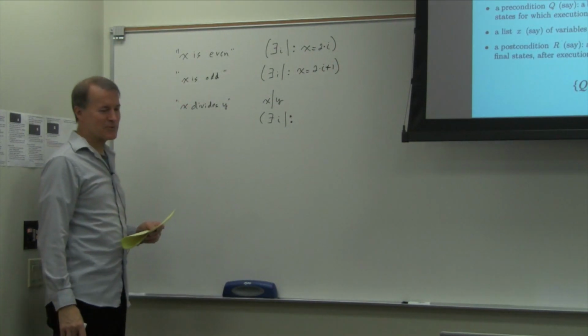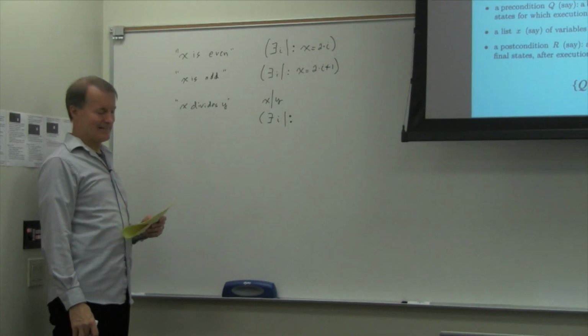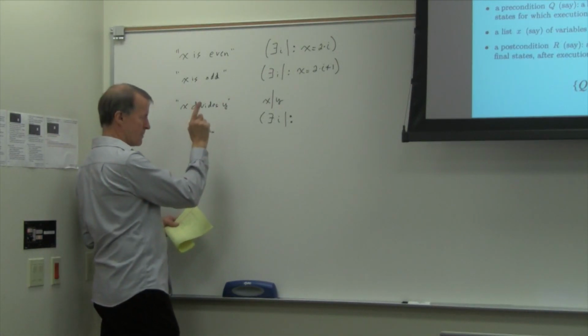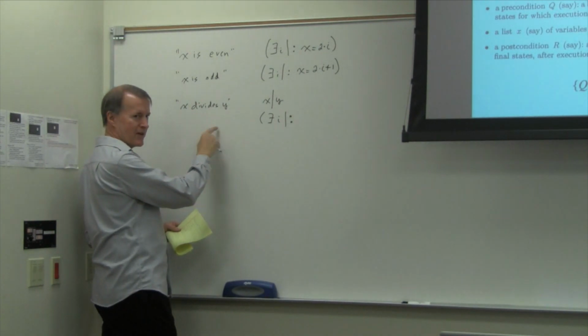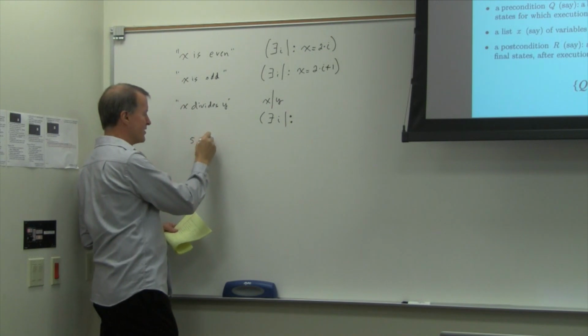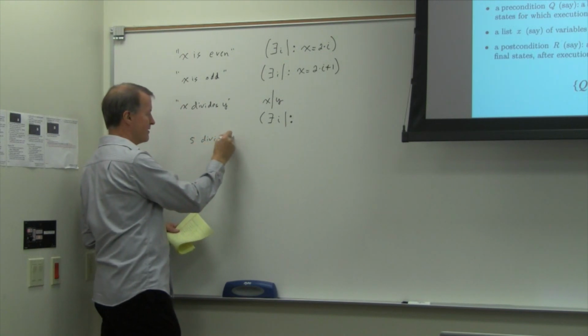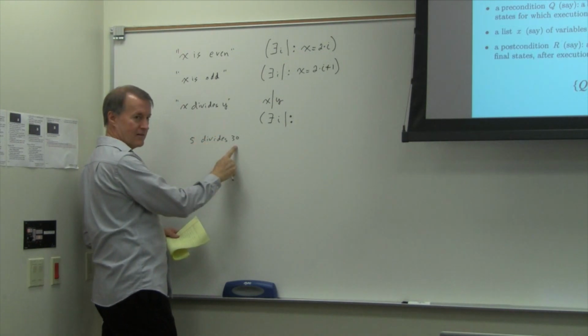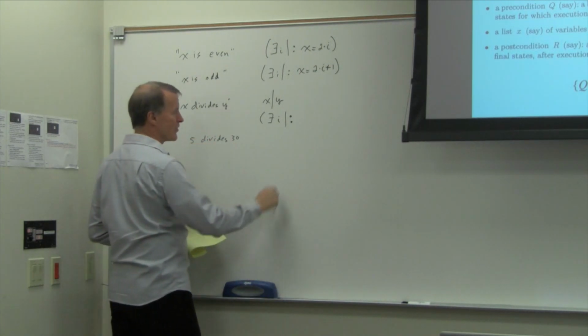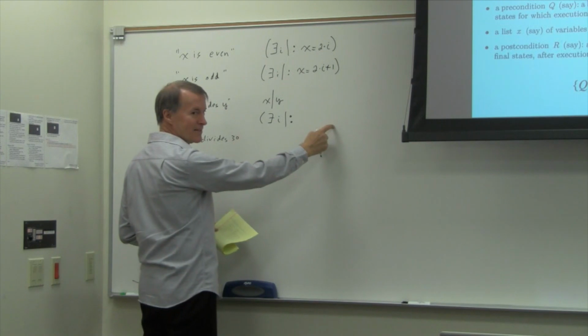Now, what equals what times what? Now, x divides y. Remember, x divides y. What's an example of x divides y? An example would be, does 5 divide 30? Okay, hold on. So what equals what times what here?